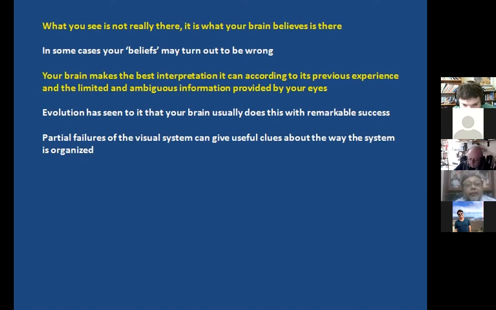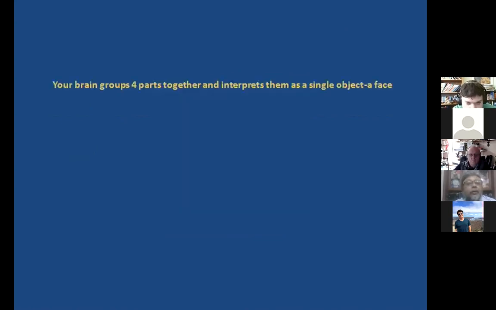Partial failures of the visual system can give useful clues about the way the system is organized. Now, what do we see here? Space. But how do you know that? Because there are four different compartments. There could be four different images, but our brain makes it a single entity. Your brain groups four parts together and interprets them as a single object, the space.